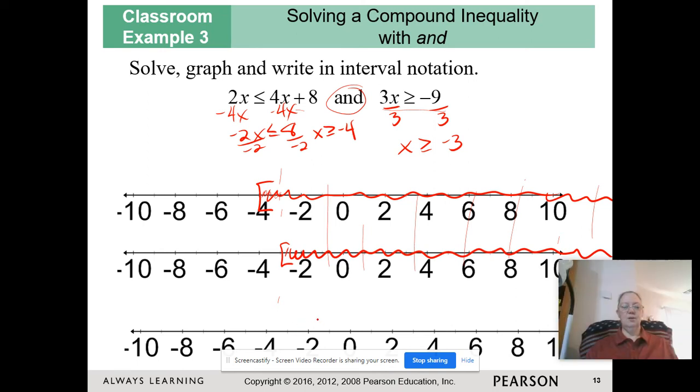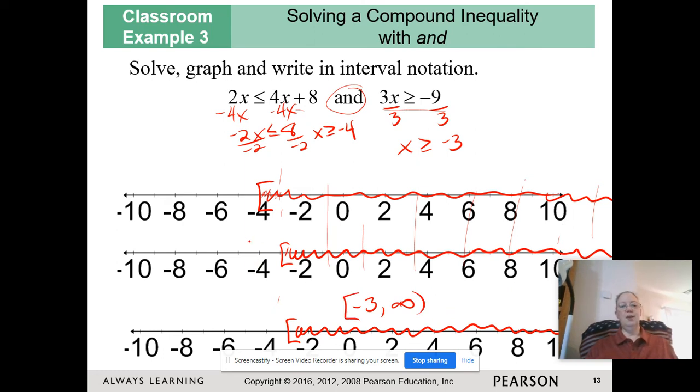So starting at -3 up to infinity, that's going to be my intersection, the overlap, where I shaded both number lines. -3 to infinity.